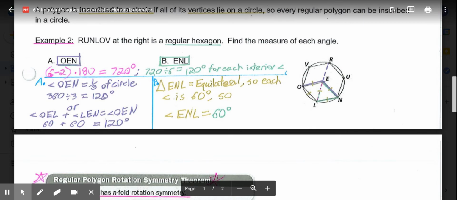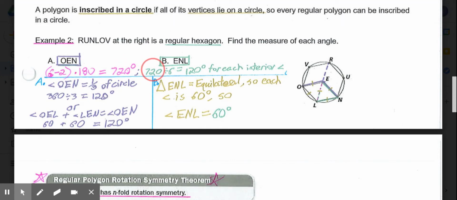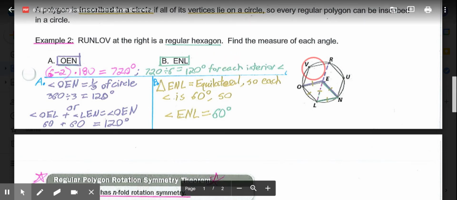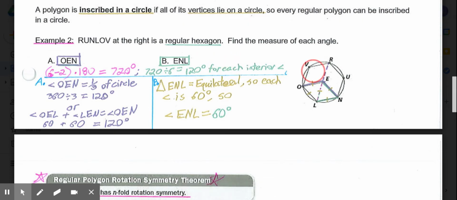So a hexagon's total angles: 6 minus 2 times 180 is 720. So then if I take that 720 divided by the 6 angles, each interior angle of the hexagon is 120 degrees. So for example, angle RVO here, 120. Angle VOL, 120, and so on around the hexagon.